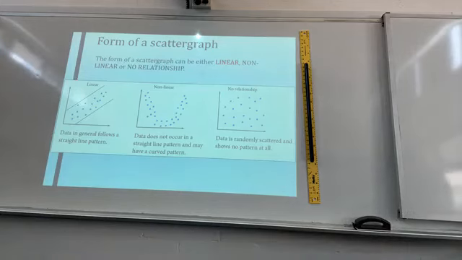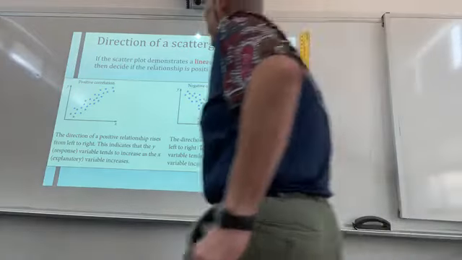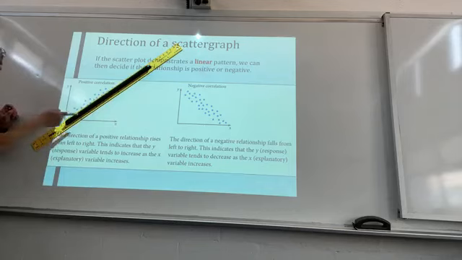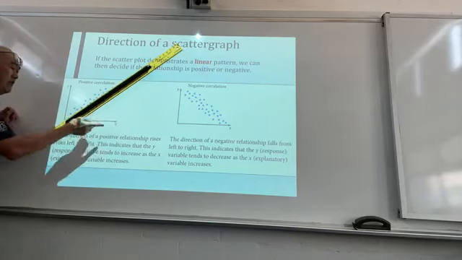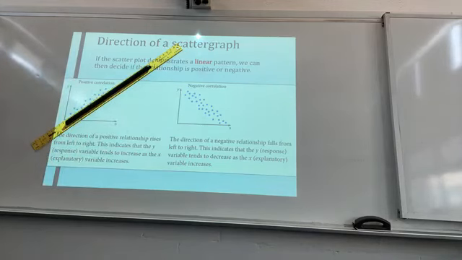Now, from there, there's a direction. There's positive correlation and negative correlation. All right? Next bit. If you've got a positive slope or positive gradient, there's positive correlation, because when the independent variable increases, the dependent variable increases as well.